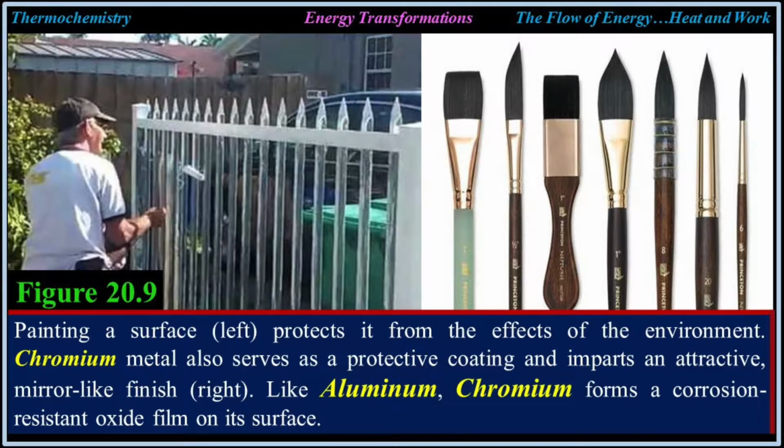Painting a surface protects it from the effects of the environment. Chromium metal also serves as a protective coating and imparts an attractive mirror-like finish on the right. Like aluminum, chromium forms a corrosion-resistant oxide film on its surface.